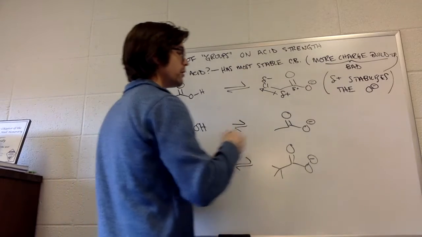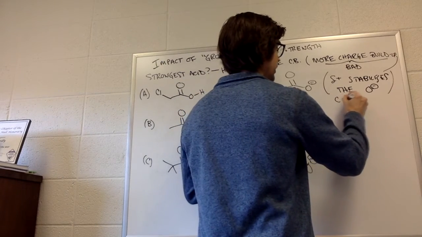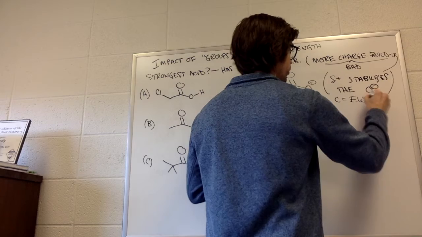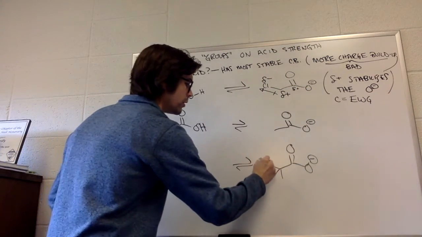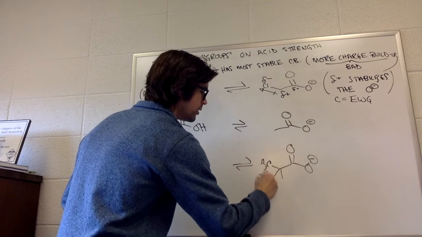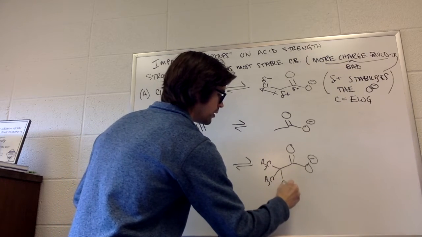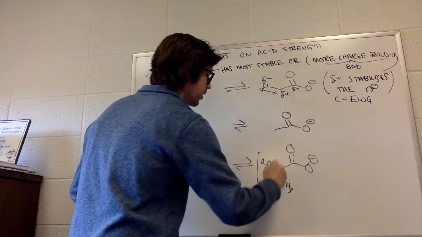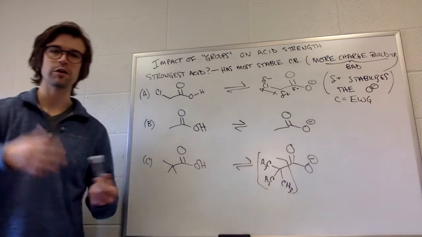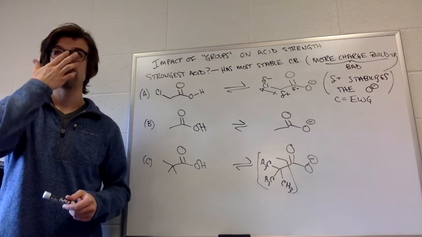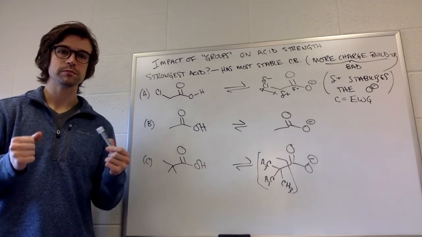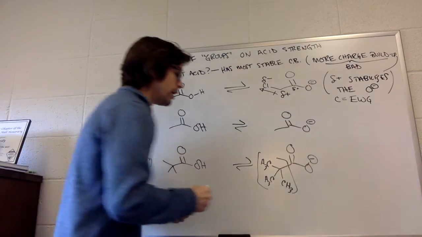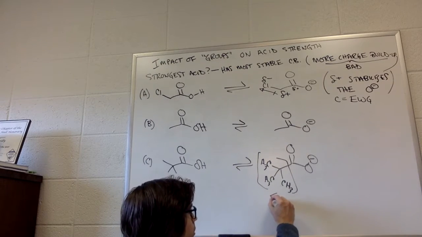This chlorine is an electron withdrawing group. What is this tert-butyl group? We would call this group, is it electron withdrawing or electron donating? You pause it, thinking about it. What is it? It's an electron donating group, right?